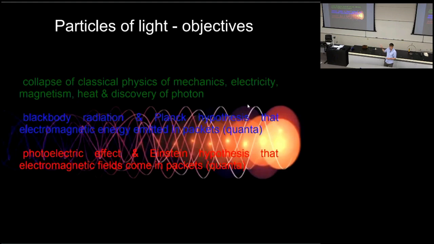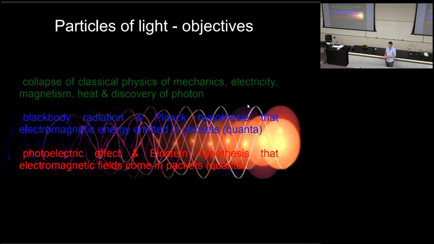That was the outcome of black body radiation. Photoelectric effect, another famous scientist, you all know, Albert Einstein, he hypothesized that electromagnetic fields themselves come in packets, these things we call photons. So we're going to focus a lot in today's class on black body radiation, photoelectric effect.